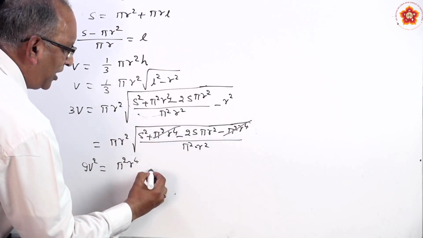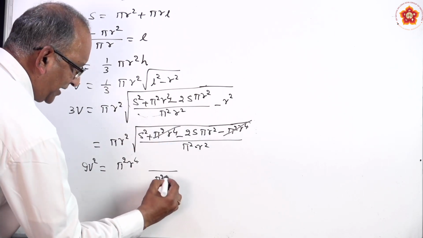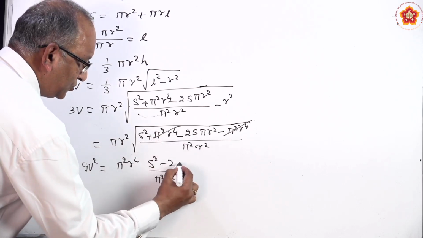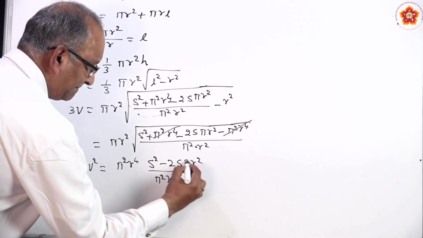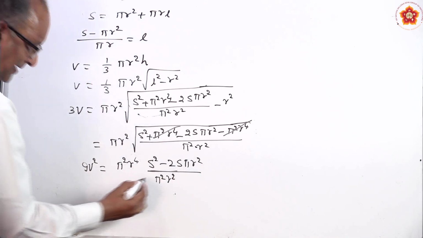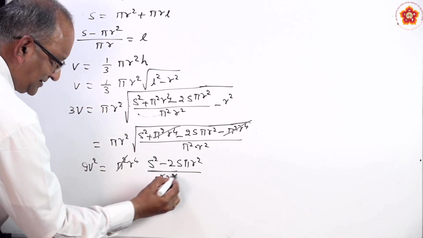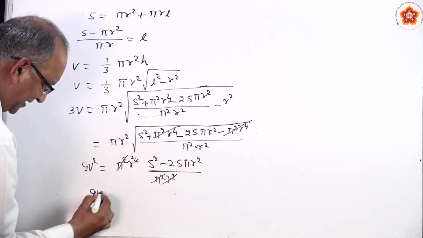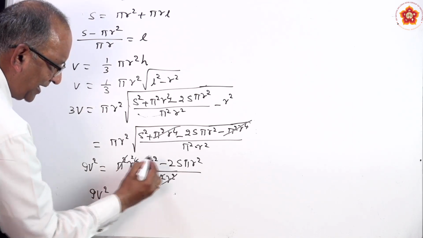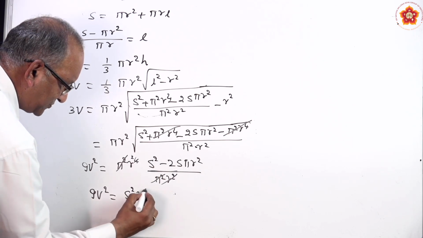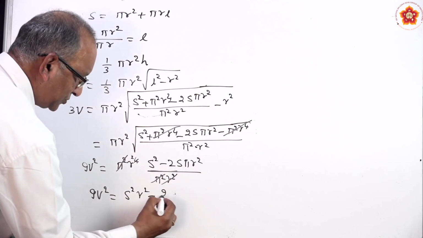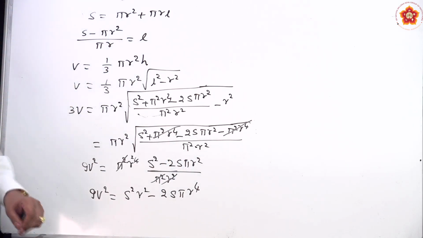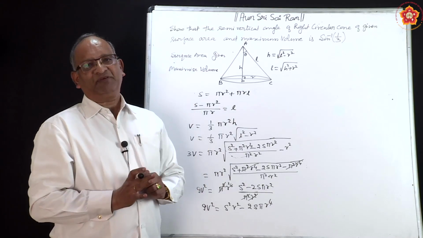Here square root will go off, so the denominator is nothing but pi square r square. Numerator you are left with s square minus 2s pi r square. Cancel this pi square, cancel this r to the power 4, make it r square, and then we can say that 9v square is equal to, multiply r square with this, it is s square r square minus 2s pi r to the power 4. This is the most simplified form of the function.